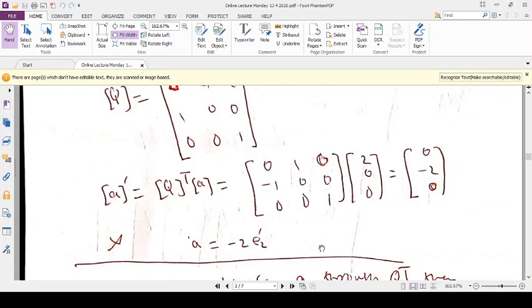This would be written as A equals minus 2 E2 dash, because this is with respect to the dash basis.